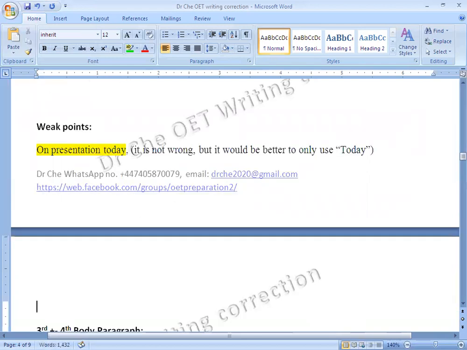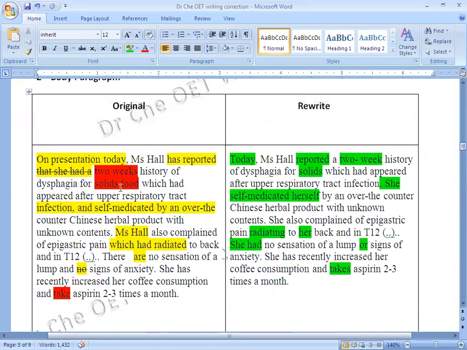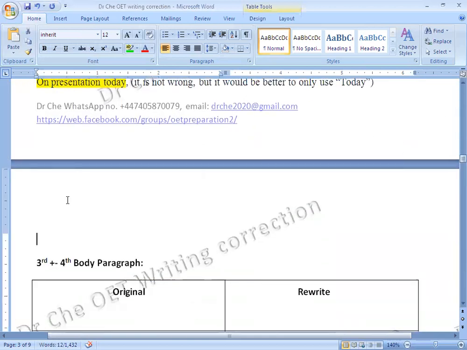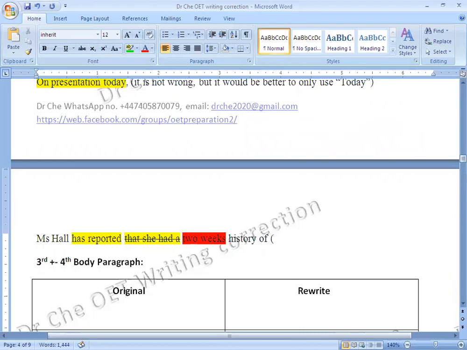Okay, doctor. Here, please improve this part.